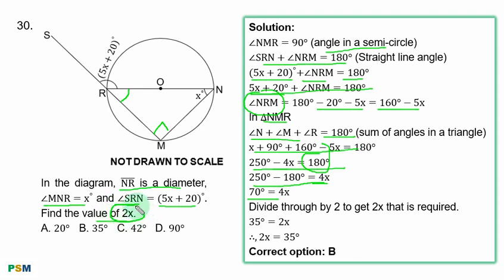So instead of dividing through by 4, divide through by 2. And you have 35 degrees equal to 2s. Therefore, 2s is equal to 35 degrees. The correct option is B.